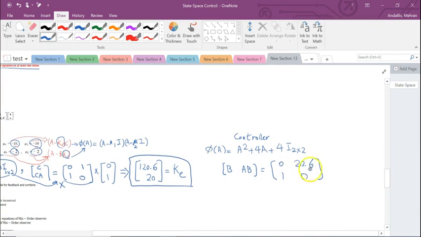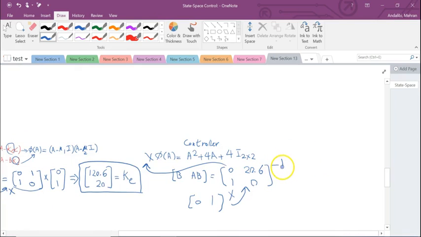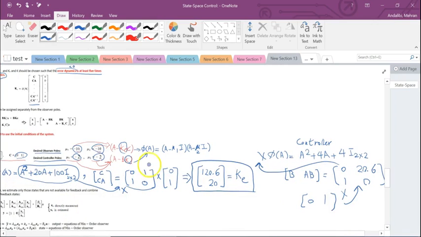Again, this has a determinant of negative 20.6, so it's invertible. Now I multiply this 0 and 1 by this one and then by this one, of course by the inverse of this. And in the previous case also, for CA, you have to invert it and then multiply it. Remember, it's the inverse of those matrices.